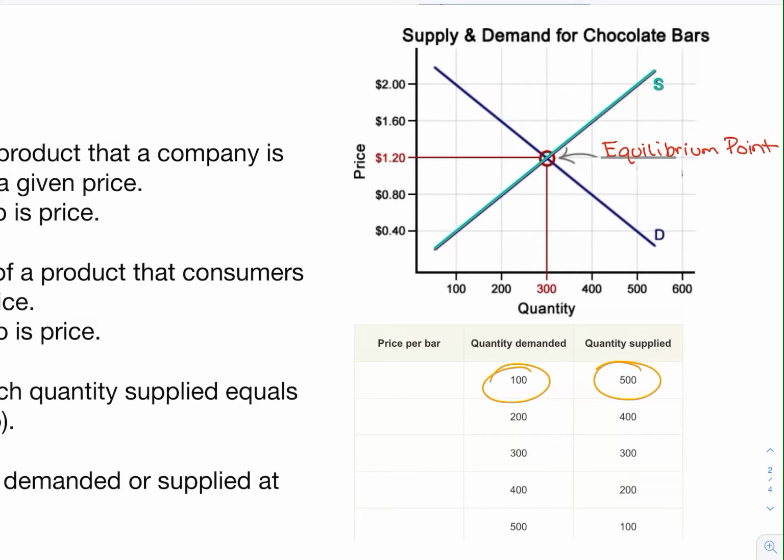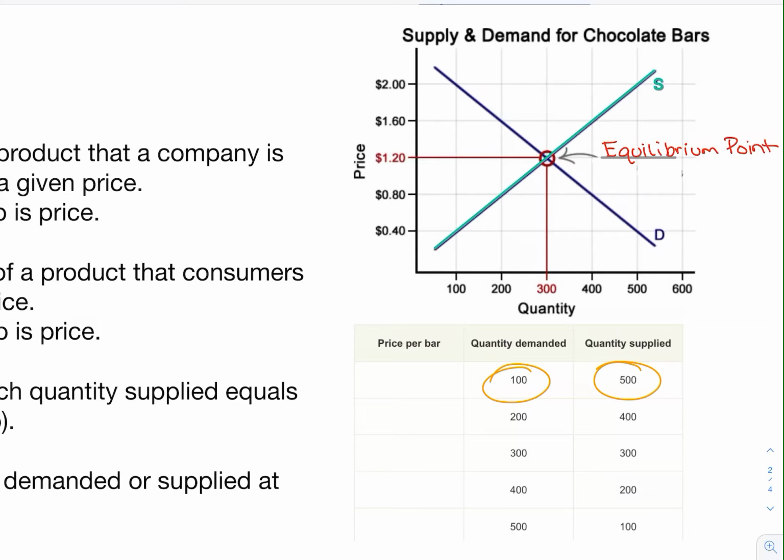That's how much they want to buy. That's how much in demand this chocolate is. But the supplier has 500 chocolate bars that they have supplied or produced. Well, at that demand and supply, what is the price?